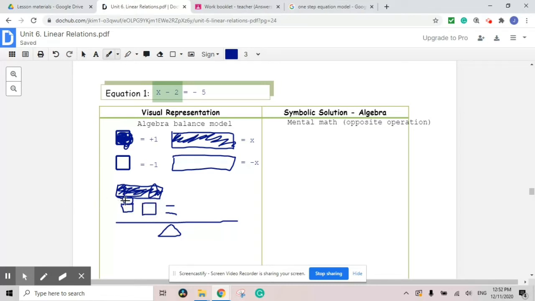So something like that. So I have one positive x, negative 1, negative 1. On the other hand, on my right side, I have negative 5, so I should have 1, 2, 3, 4, 5 integer tiles that are negative.